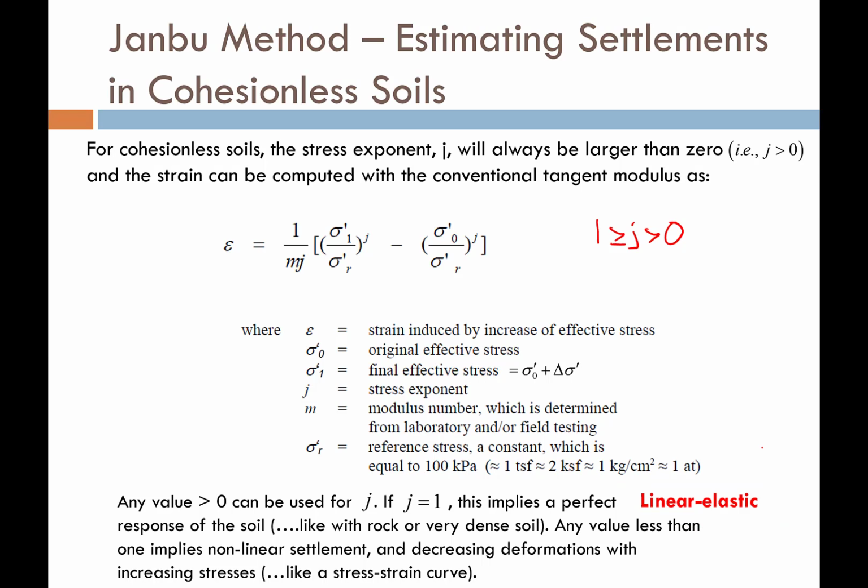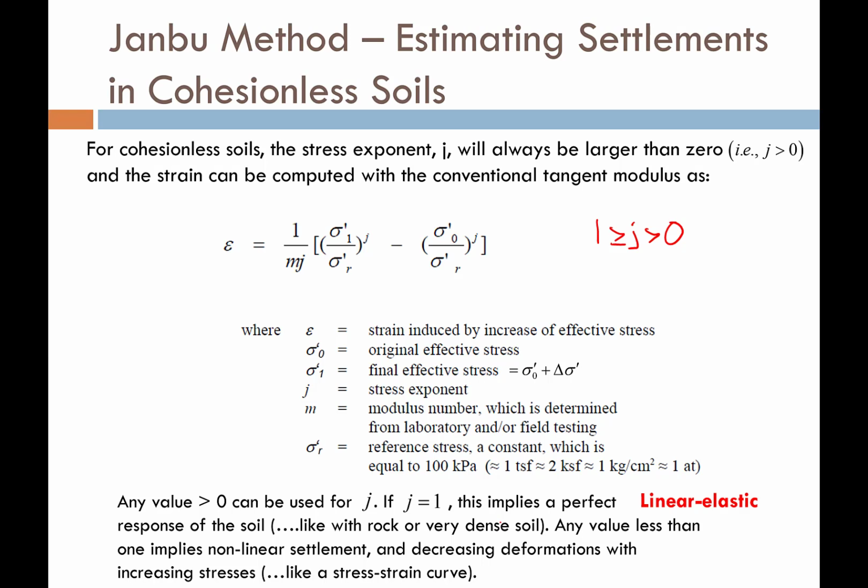And that would be appropriate if I was dealing with a very, very dense soil like glacial till or rock. Something that was really, really over-consolidated or just solid. So if I have something that's completely solid and hard, I'm going to say that J equals 1, and we're going to assume linear elastic material. This is how we can use this framework to represent elastic settlement, if we just say J equals 1.